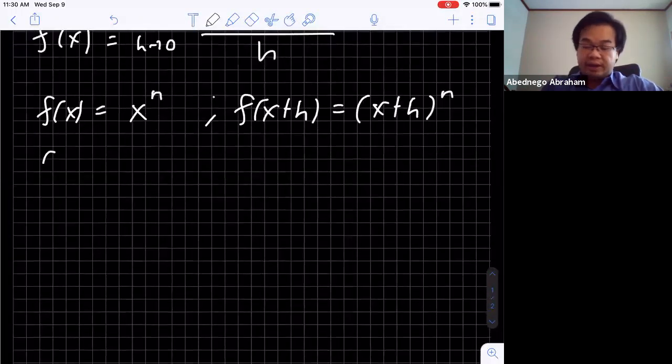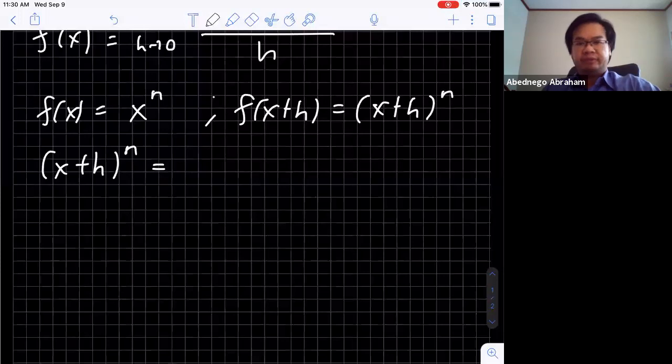So if we have (x plus h) power of n, then we can expand this. I think you have learned it in 11th grade or 10th grade, that there are several points you need to keep in mind to expand a power of a binomial.